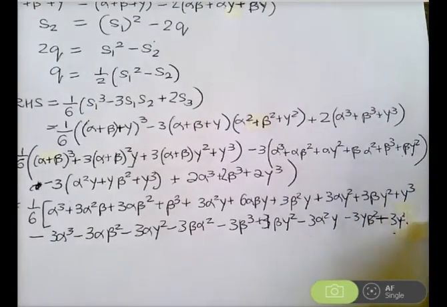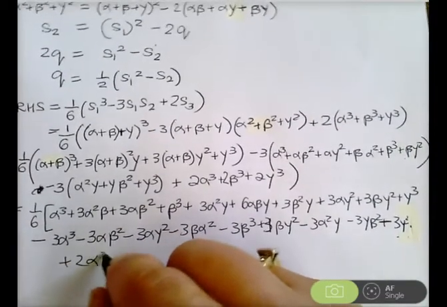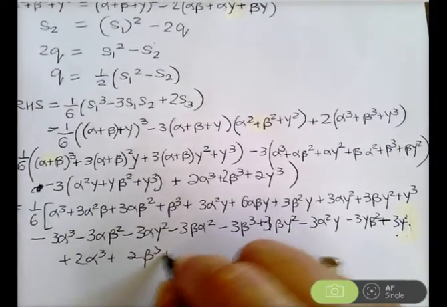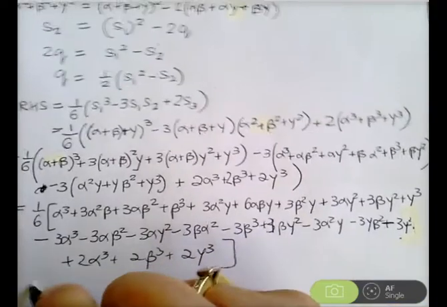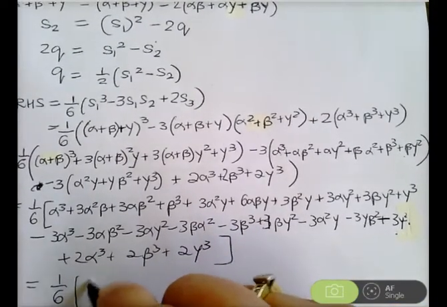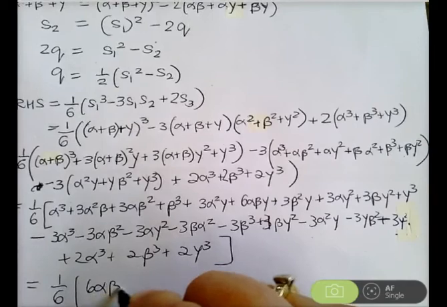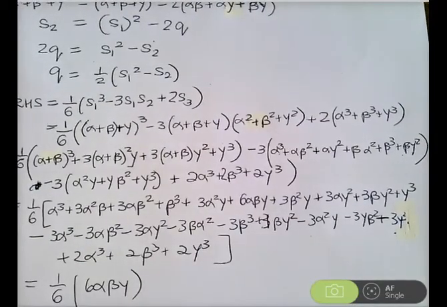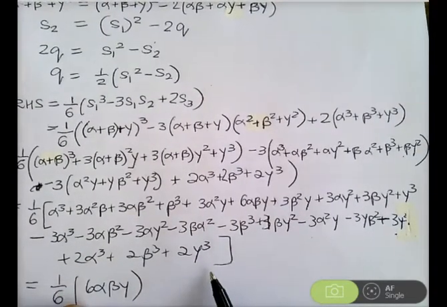Plus 2 alpha cubed plus 2 beta cubed, don't worry about it, I don't think you'd ever be asked this. You end up with 1/6, everything cancels except for 6 alpha beta gamma. Even if I ask for this, I will not solve it.